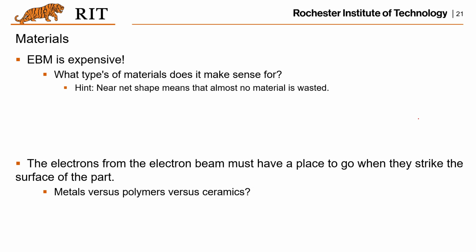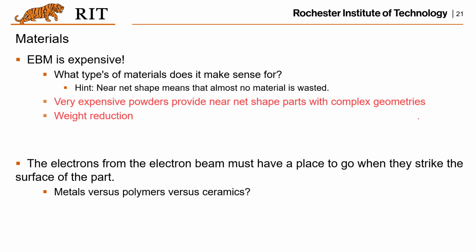For the building material, the EBM process also uses a very expensive material for the near net shape part. Both the machine and the material are very expensive, but they could produce near net shape parts with complex geometry.